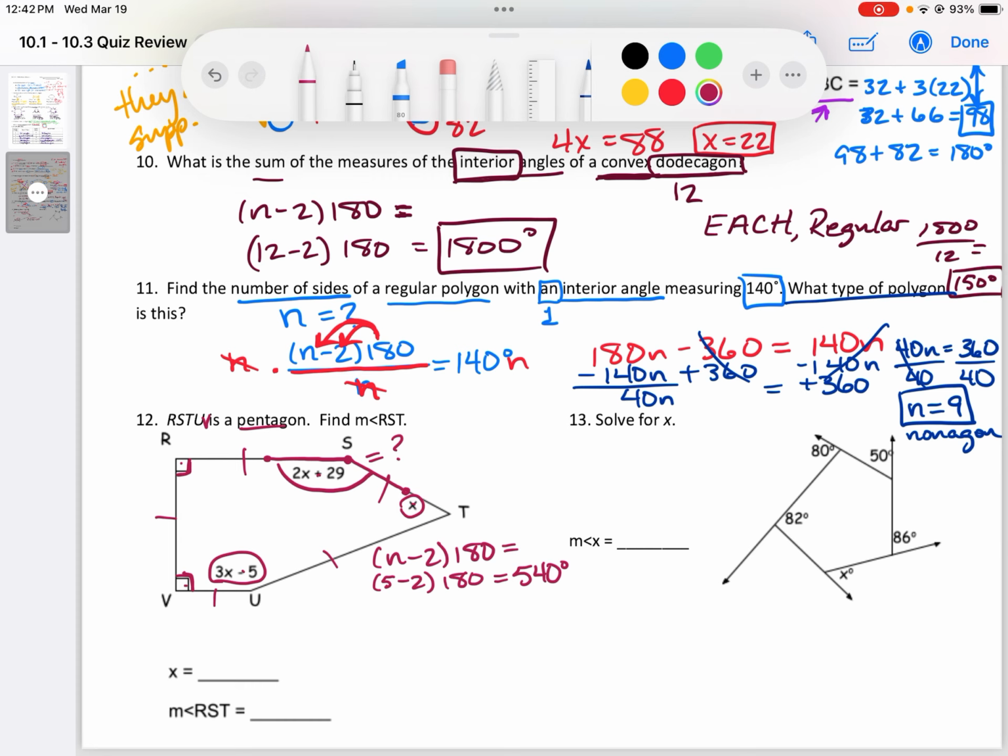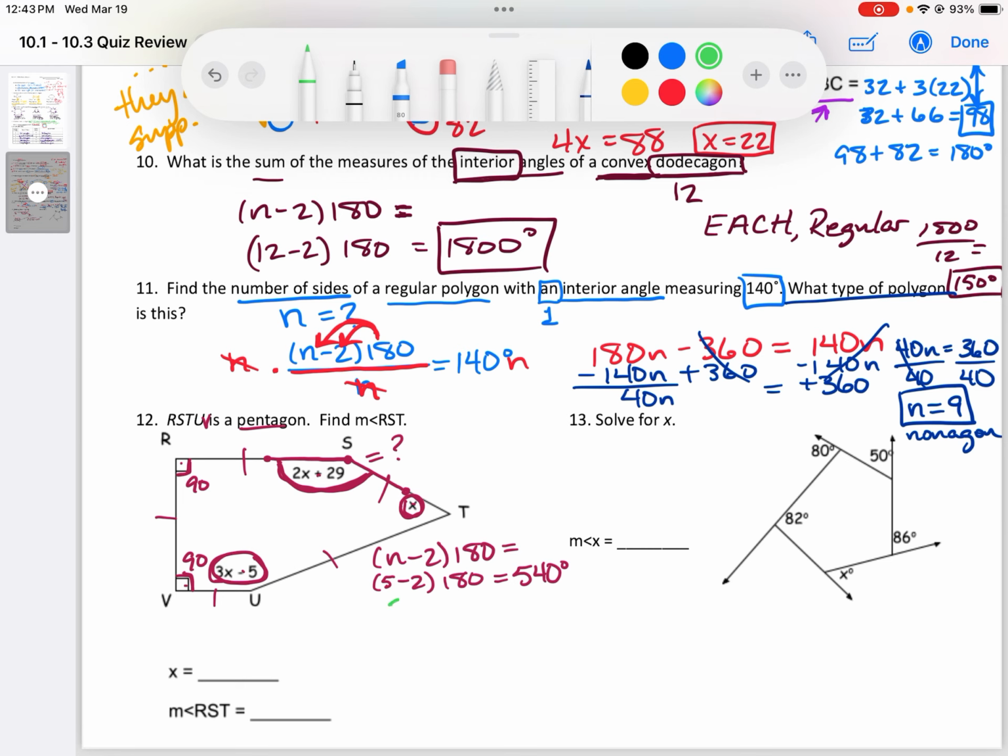So do I know them all? I know an expression for this one, an expression for this one, an expression for this one, and I know that these are each 90. So I like to write out my work in stacks.